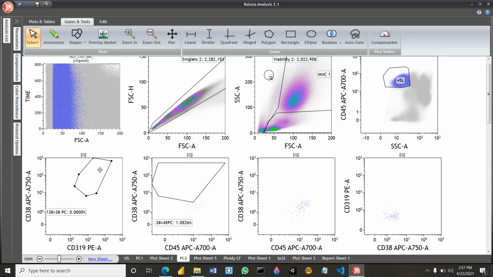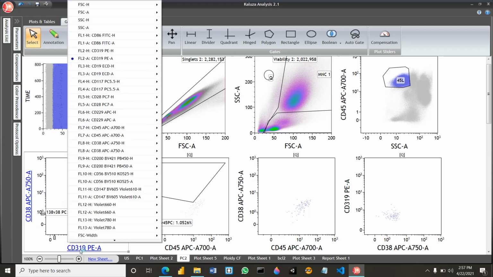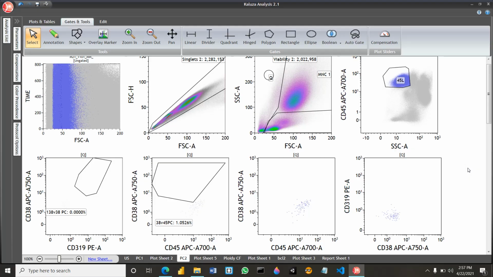So we again start with, okay, now in this tube I would like to mention we have added CD319, which we are also studying right now. For the last 3 years we have studied it, and not only in myeloma, we have shown that this CD319 is helpful in 85 to 90% of cases of myeloma.